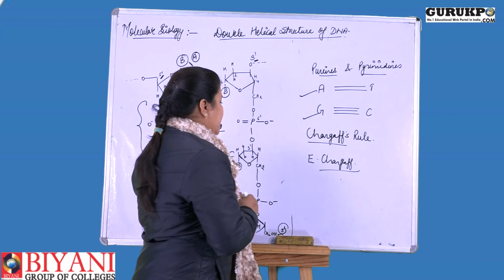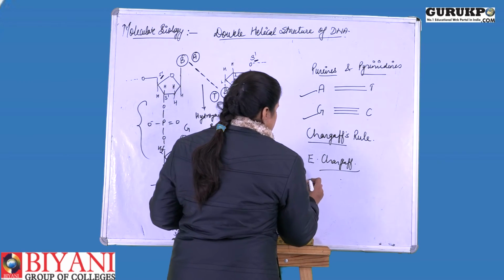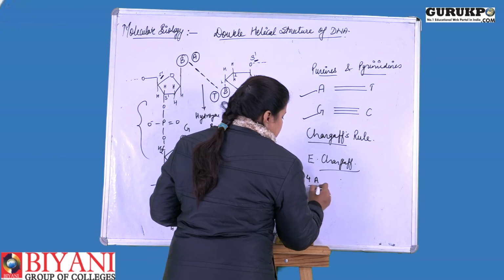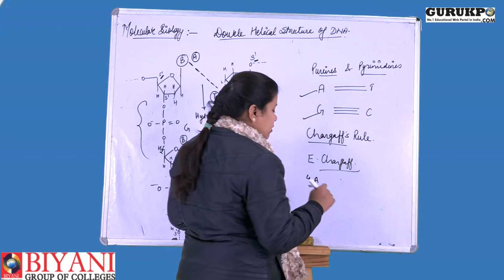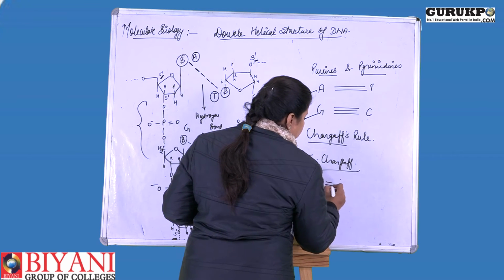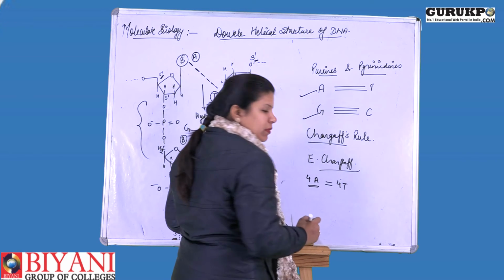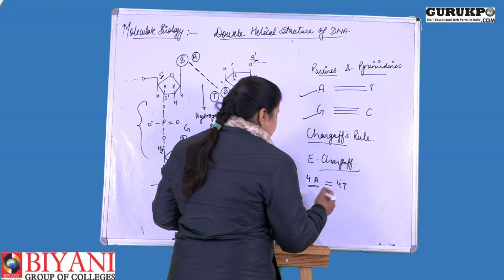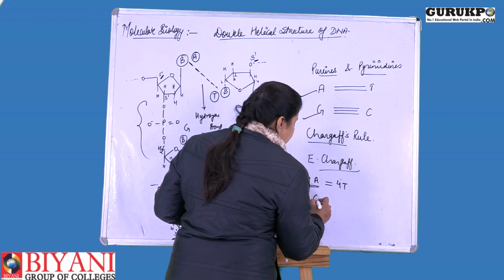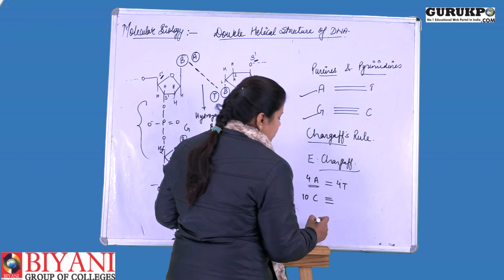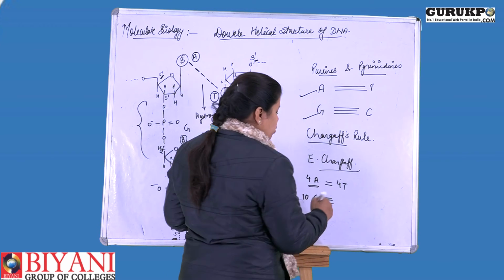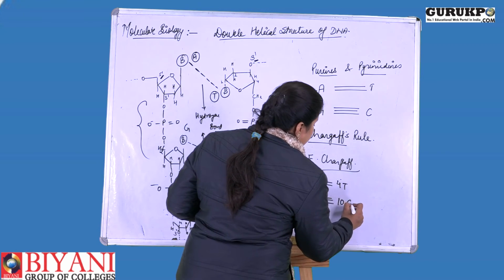That is, if you find 4 adenine, then there must be the presence of 4 thymine in the structure. If there is the presence of 10 cytosine, they will be hydrogen bonded to 10 guanine only.